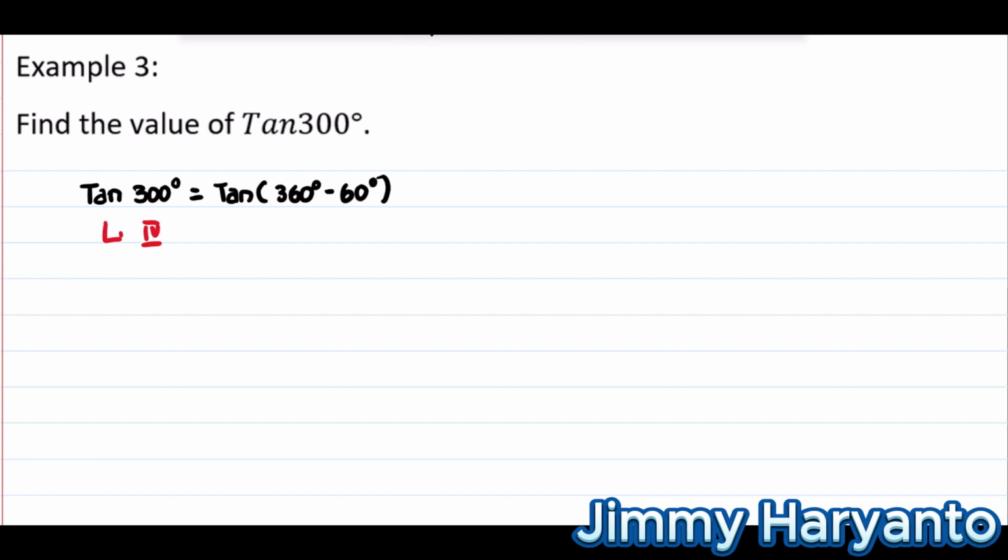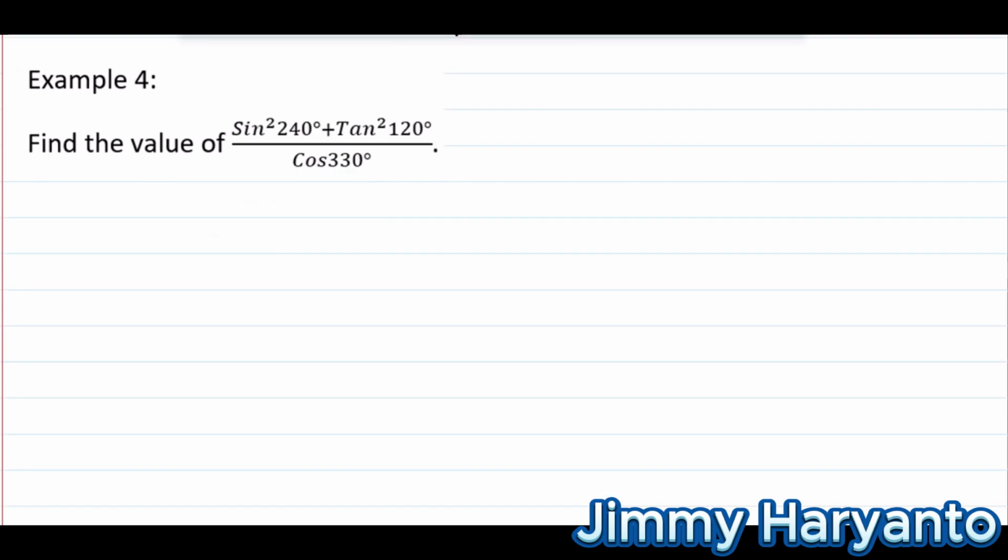And we know that tan in the fourth quadrant will be negative. That means I will write down the negative first, and then I will ignore the 360 degrees. That means I will write it as tan 60, and also ignore the negative sign right here. So negative tan 60, and in the table, tan 60 equals square root of 3. So the value of tan 300 degrees equals negative square root of 3.